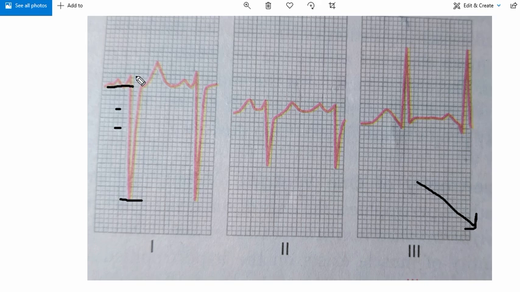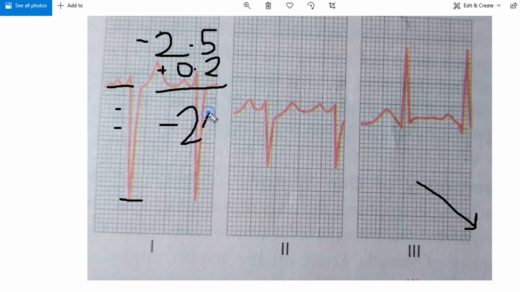Overall, what is the value of lead 1 from this ECG? It gives approximately minus 2.5 millivolt in the negative direction and only 0.2 millivolt in positive. The result is minus 2.3 millivolt.